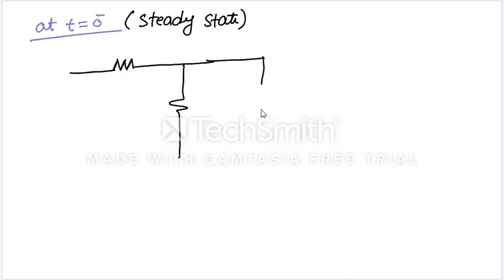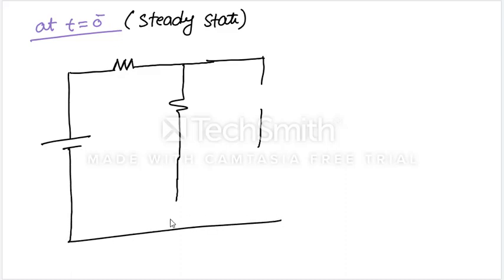And this capacitor is open here. The switch is open now here. Here is another capacitor. Now this is 4, this is 2, this is 18.